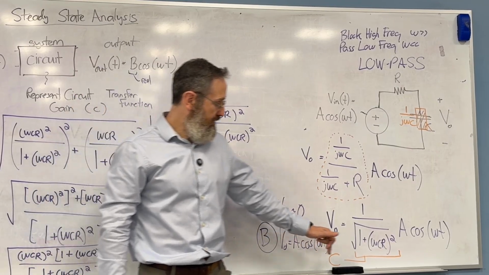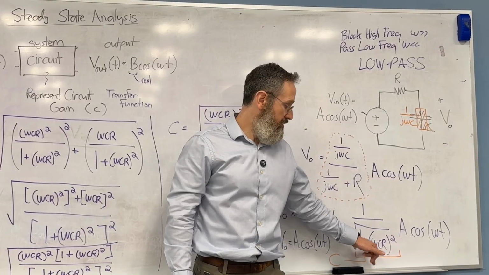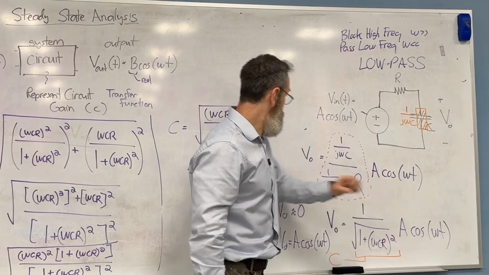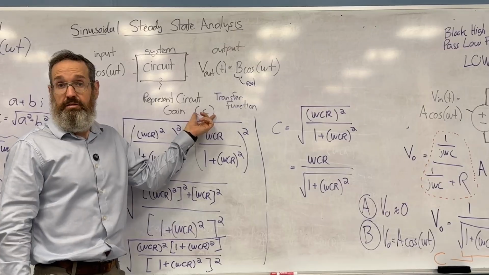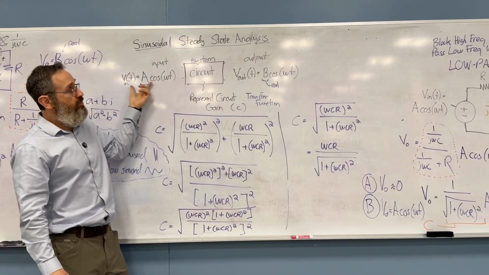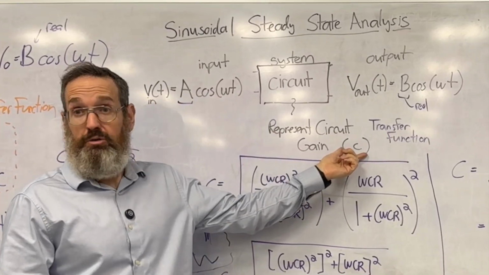And that is a consequence of this W sitting here that we derived, right? So what we have now is a circuit that when a high frequency arrives, this goes to 0.